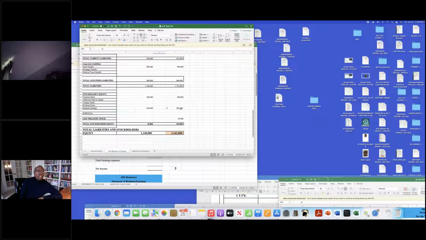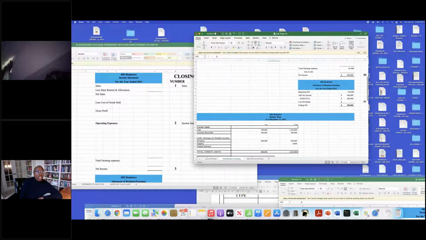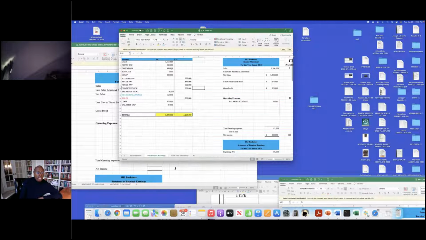So when we do the balance sheet, all of that stuff at the top comes on the balance sheet. So cash, accounts receivable, inventory, supplies, and equipment, less accumulated depreciation, all of that stuff at the top gives us the total assets.